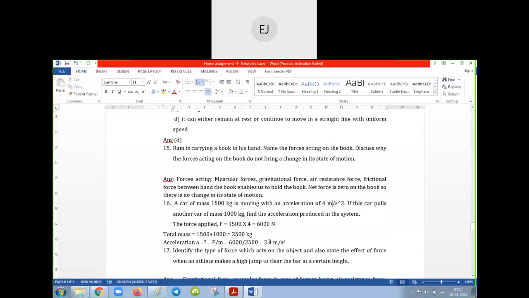The 6000 Newton is applied on 1500 mass plus 1000 mass, to 2500 kg mass it is applied. So acceleration is equal to force by mass, 6000 by 2500, which is equal to 2.4 meter per second square.